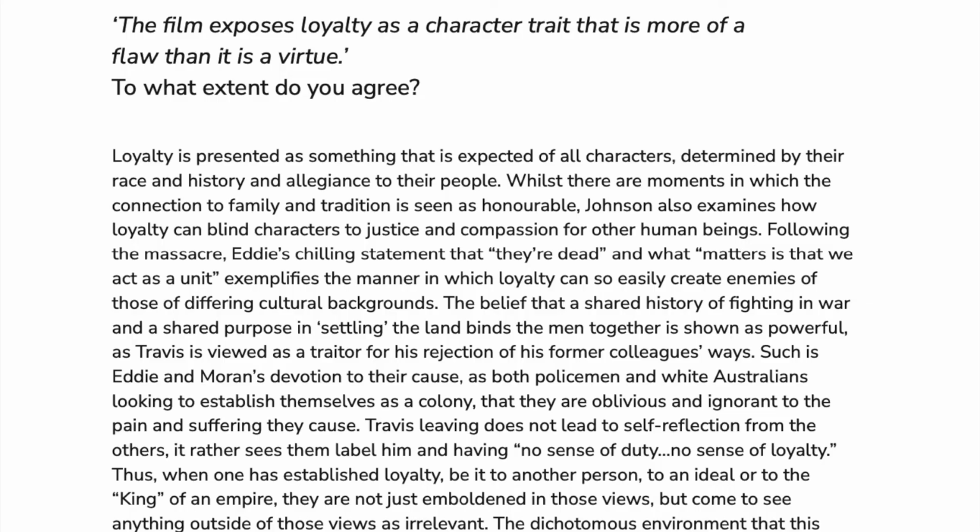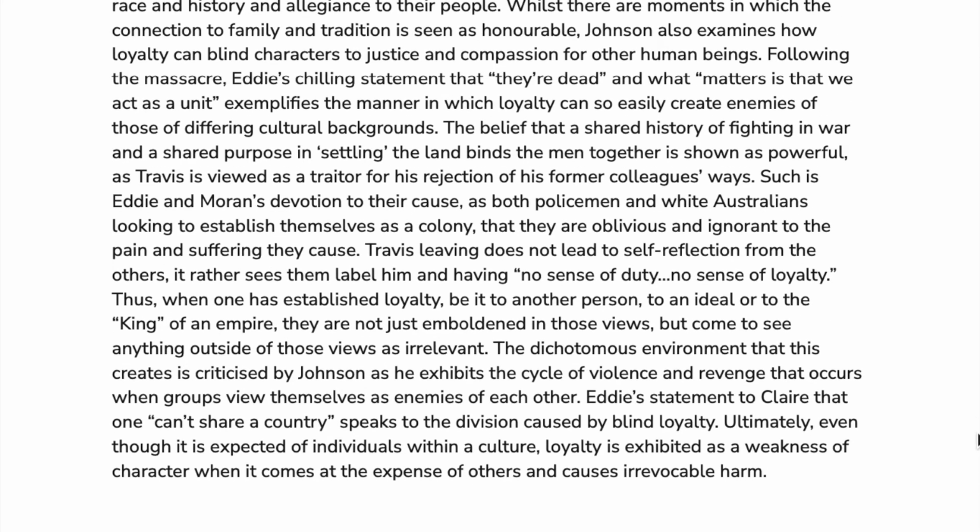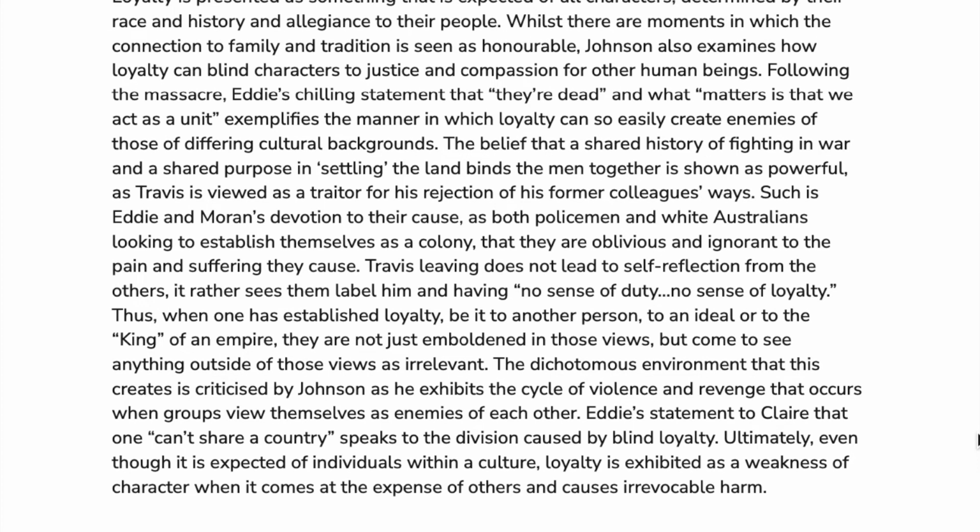Travis leaving does not lead to self-reflection from the others. It rather sees them label him as having no sense of duty, no sense of loyalty. Thus, when one has established loyalty, be it to another person, to an ideal, or to the king of an empire, they are not just emboldened in those views, but come to see anything outside of those views as irrelevant.